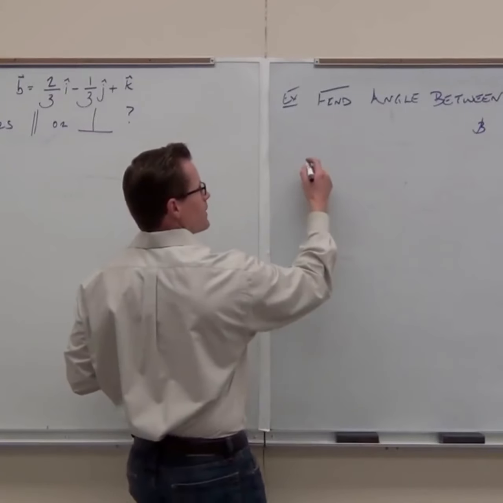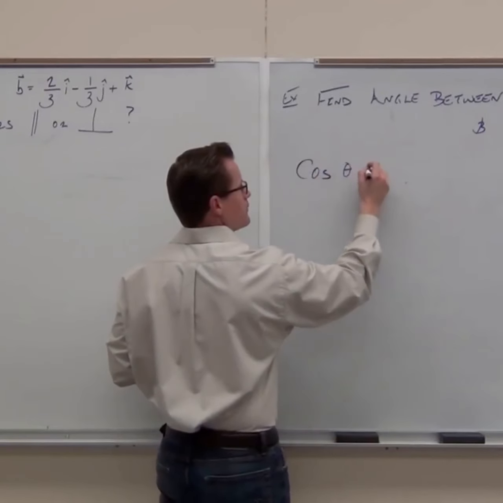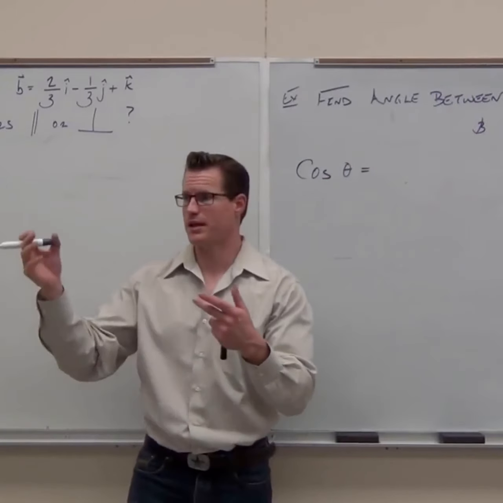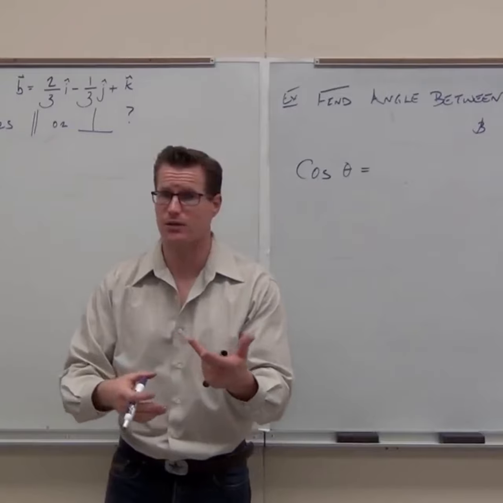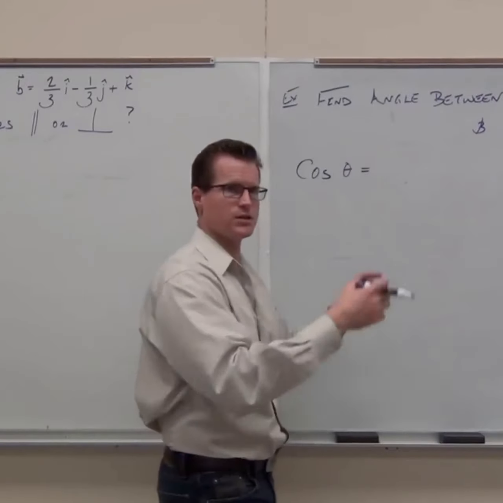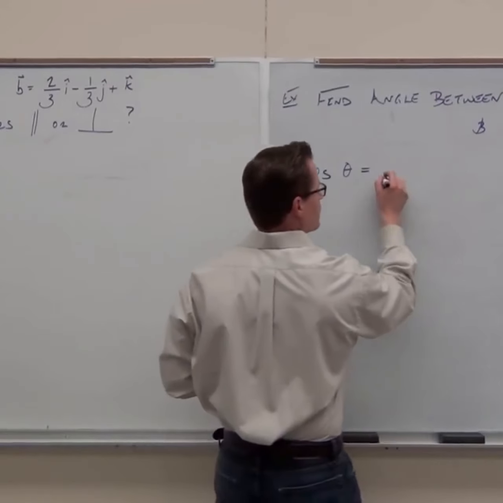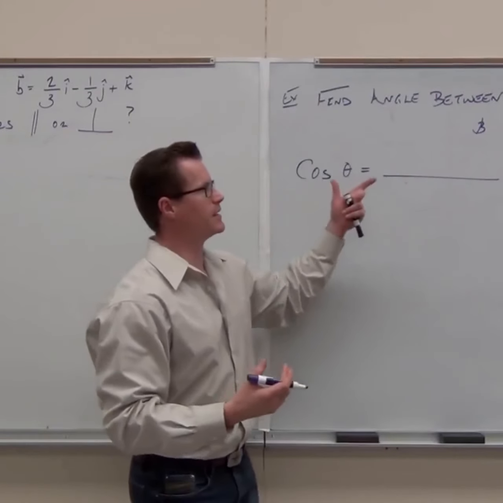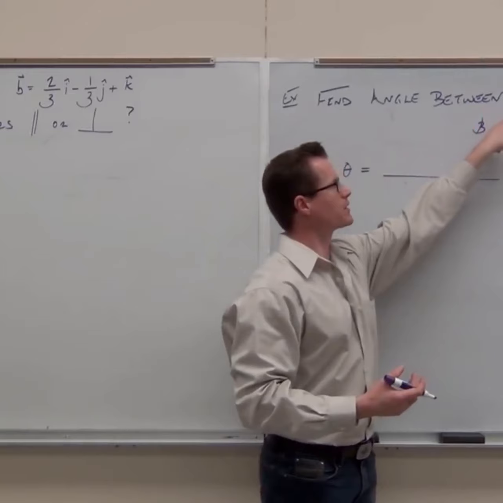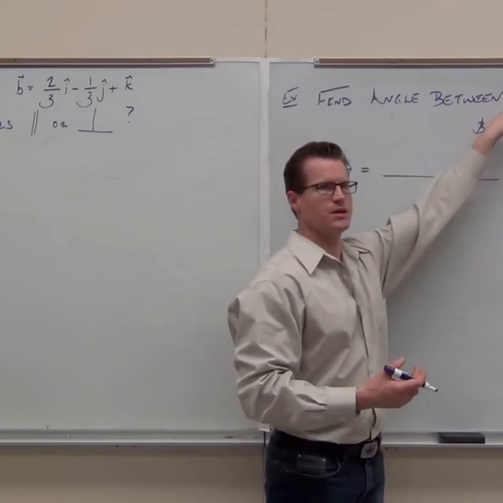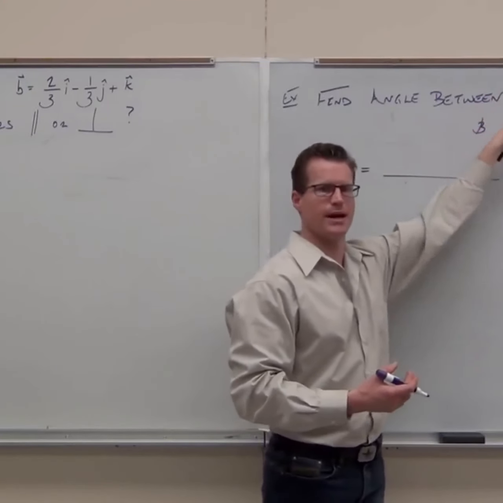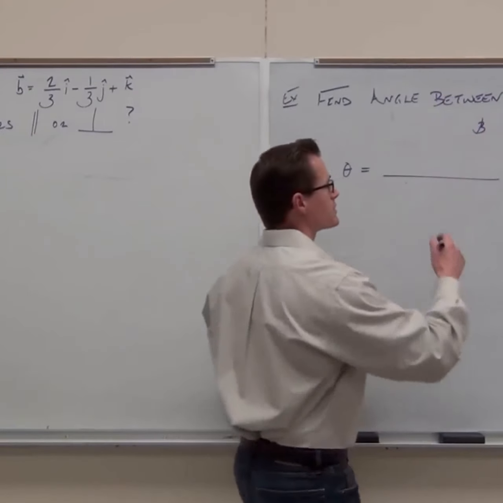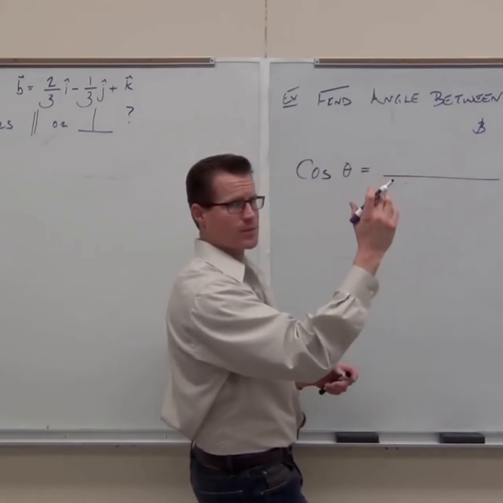So when we find the cosine of the angle between them, I start off like this. You can also start off with theta equals cosine inverse. That's fine. I don't really care. I always start with this and then do the inverse later. But here's how we do it. The formula that we had said you're going to find the dot product of these two vectors. Be careful on these vectors. Don't make sign errors. Obviously, sign errors are going to affect the angle, all right? So when we do this, I'm going to write it out because I don't want to make a mistake.